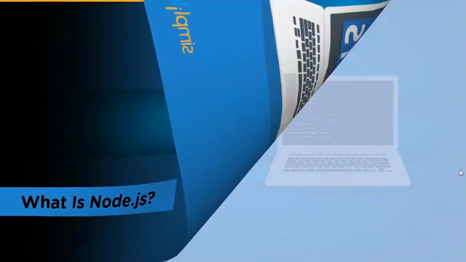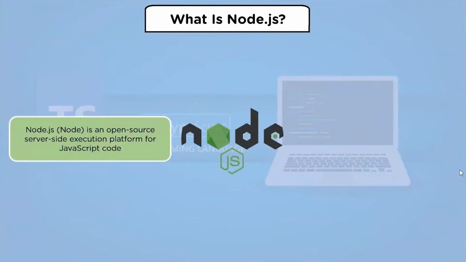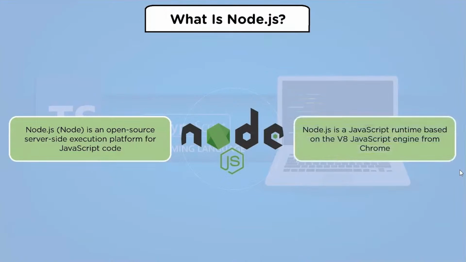What is Node.js? Node.js is an open source server-side execution platform for JavaScript code. Node.js is a JavaScript runtime based on the V8 JavaScript engine from Chrome. Node is an asynchronous, event-driven JavaScript runtime for building scalable network applications.